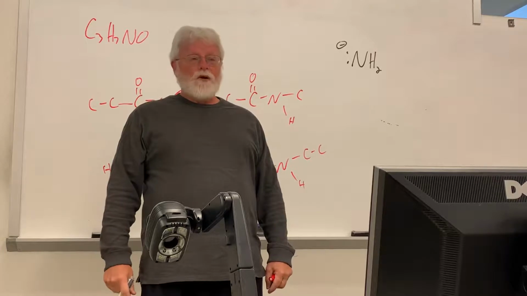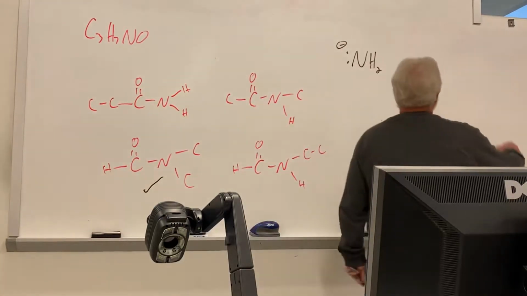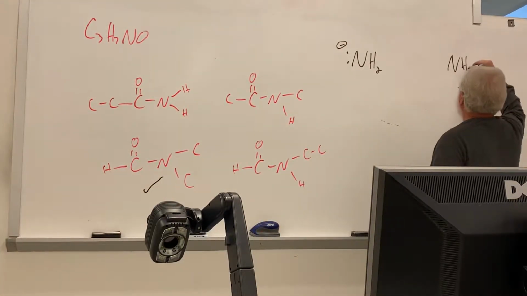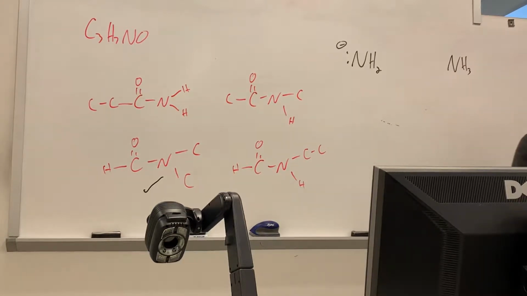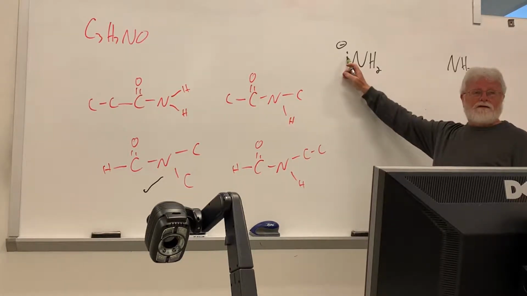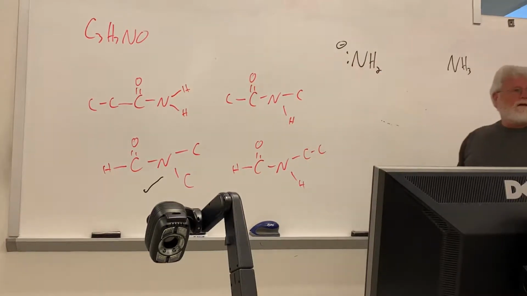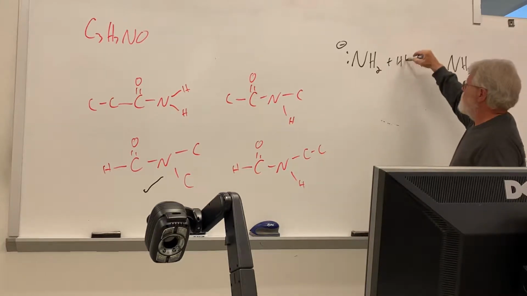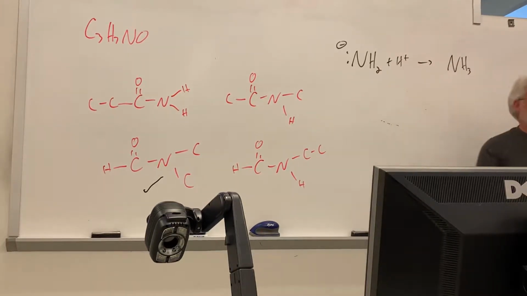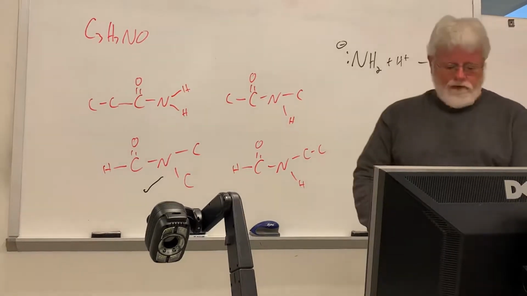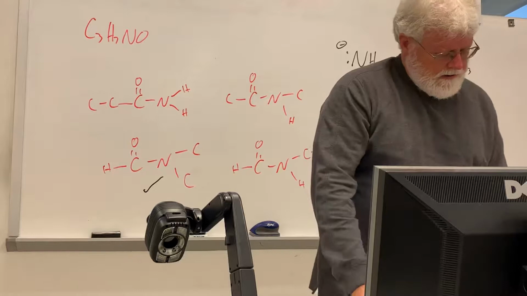Well, if this thing grabs a proton, something is going to get ammonia out of the deal. Hydrogen forms a bond here. Positive charge, hydrogen cation. No longer have a charge. So take this guy, stick a proton on it, so ammonia is the conjugate acid of the amide ion.